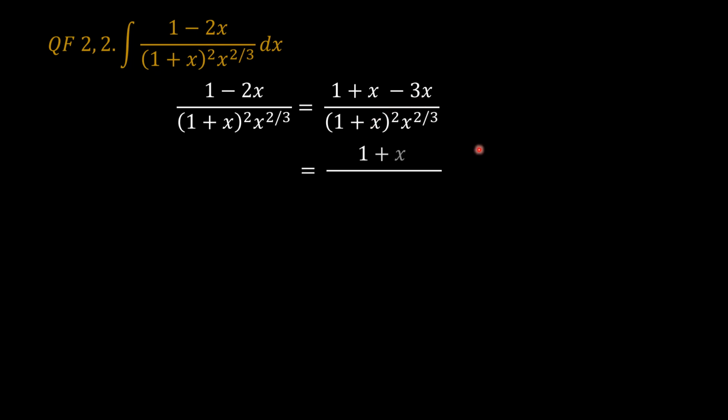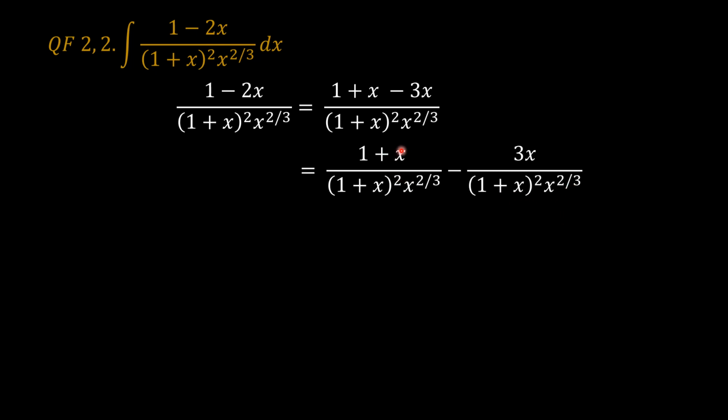And so this now becomes 1 plus x over 1 plus x squared, x to the power 3, minus 3x over 1 plus x squared times x to the power 3.